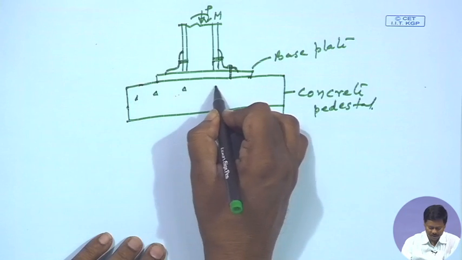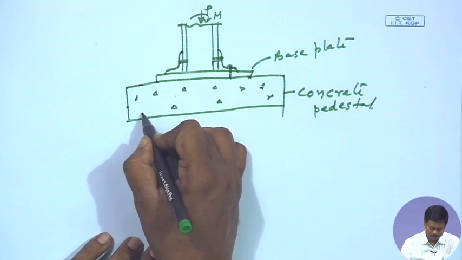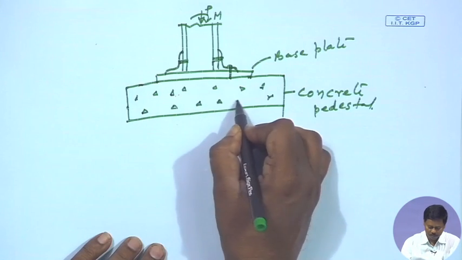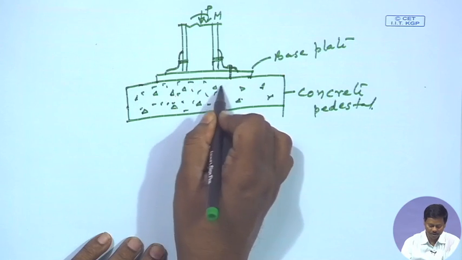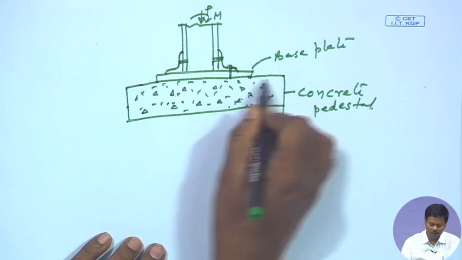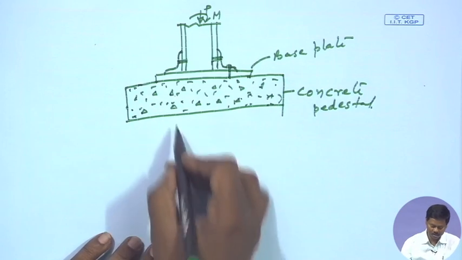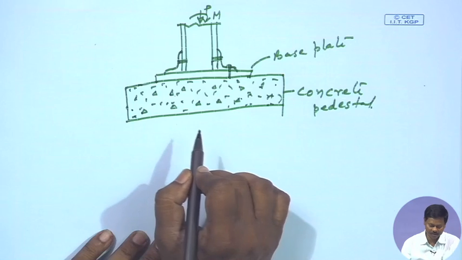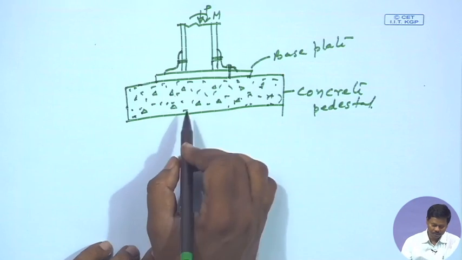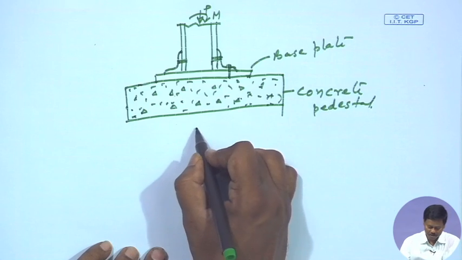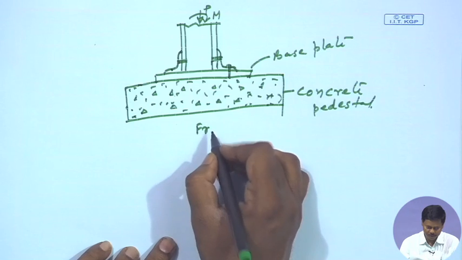This is concrete pedestal, right. So, different grades of concrete may be used depending on the magnitude of load and requirement of the thickness and requirement of the dimension of the block and dimension of the plate. So, this is, we can say, the front view of the slab base.